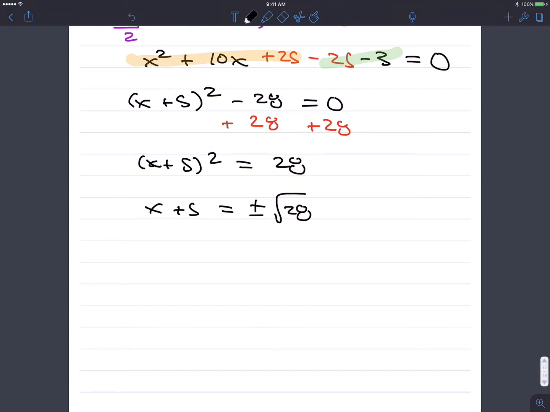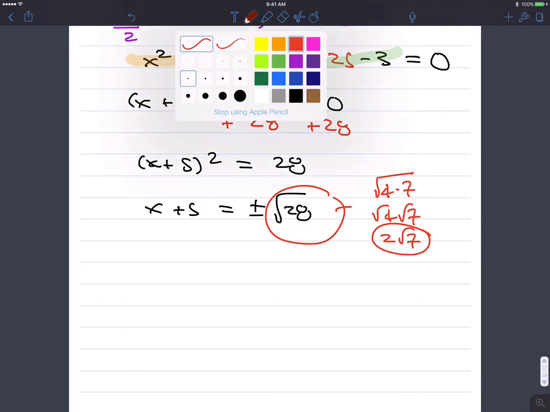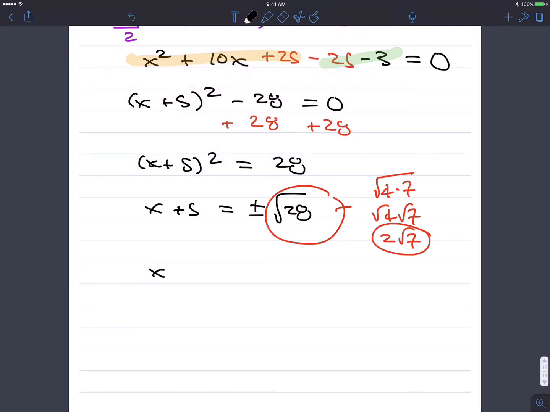Now, when I simplify this radical here, if you remember, square root of 4 times 7, square root of 4, square root of 7, 2 square root of 7. X plus 5 is plus or minus 2 square root of 7.